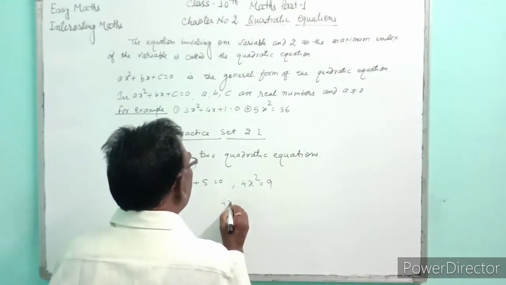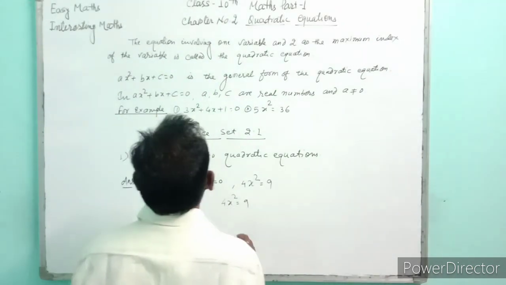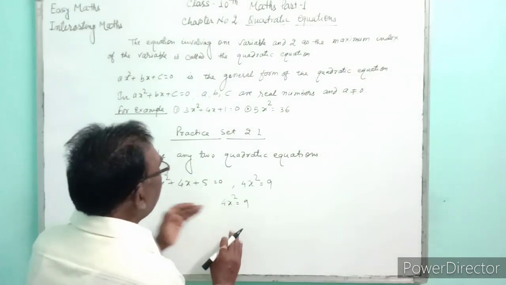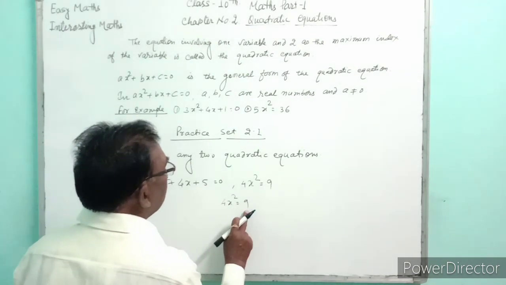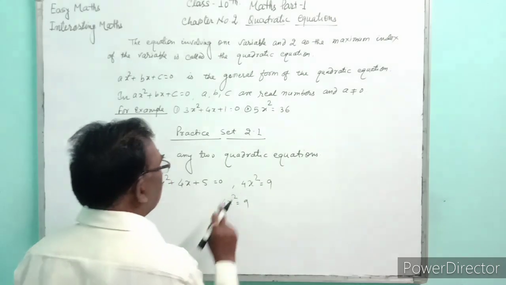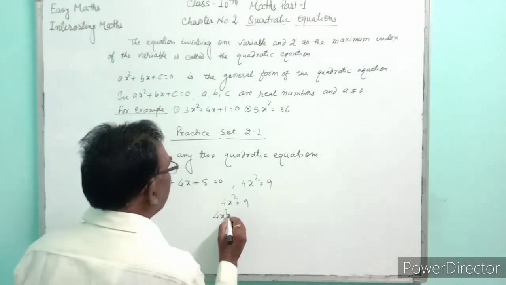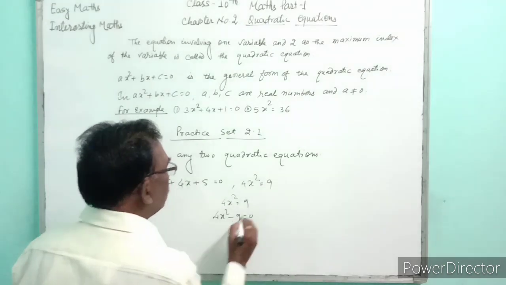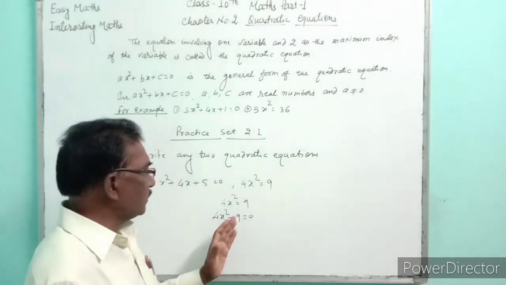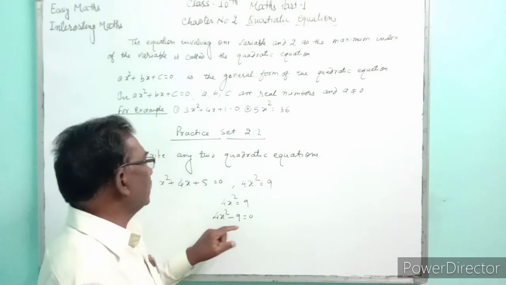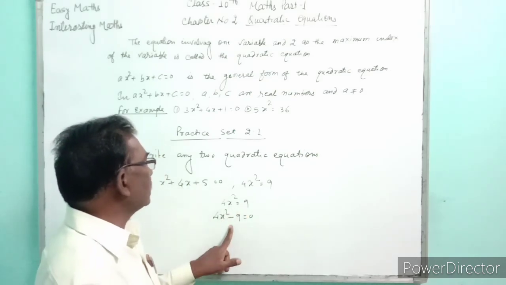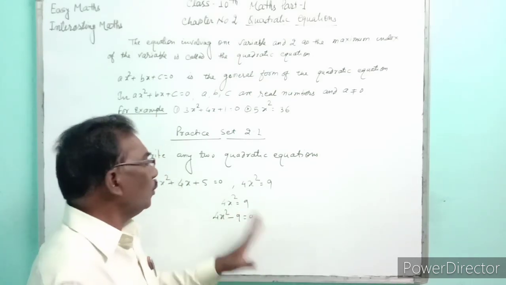let us write this equation in general form. How can we write this equation in general form? 4x square minus 9 is equal to 0. I have transferred 9 to the left hand side, therefore 9 goes to the left hand side and its sign changes from positive to negative.